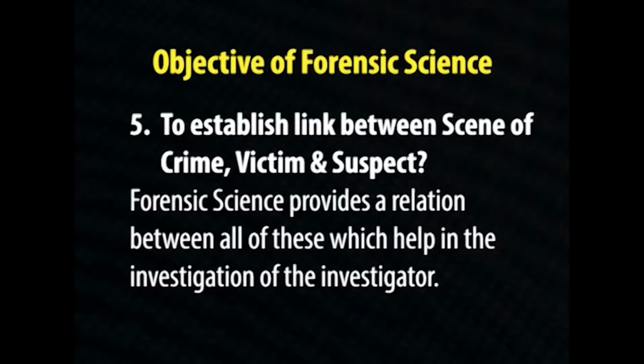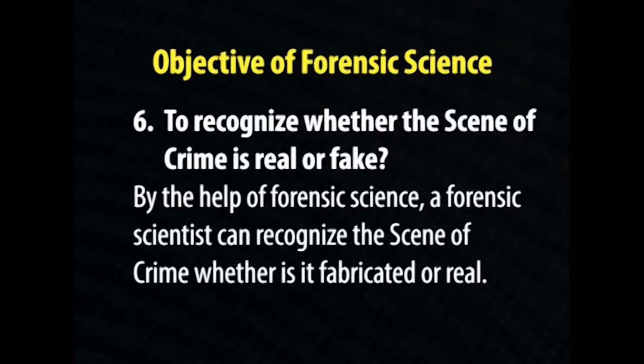Next, to establish link between scene of crime, victim and suspect. Forensic science provides a relation between all of these, which helps the investigator in the investigation. Next we talk about recognizing whether the scene of crime is real or fake.